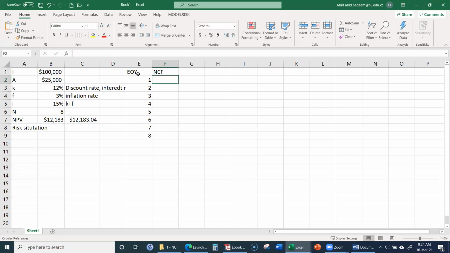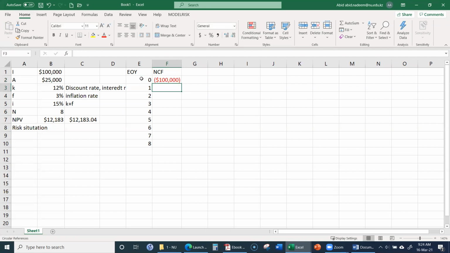So each year we obtain not $25,000, but maybe some other amount. At the beginning we spend minus $100,000, the initial investment. We are assuming that this initial investment is $100,000, for we are pretty much sure about that.